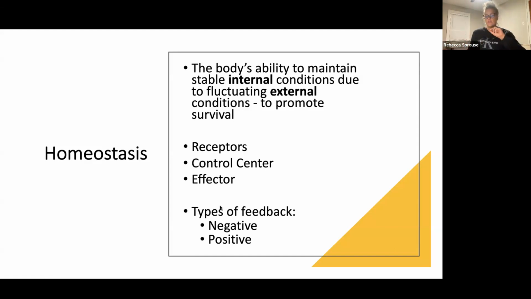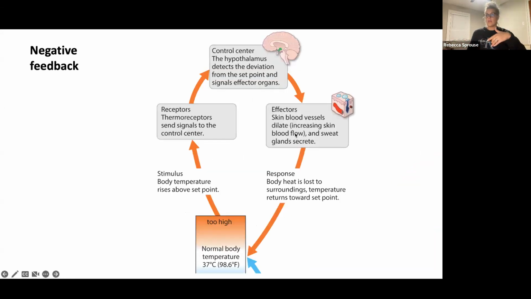There are 2 types of feedback that can send that message to the brain and out: negative feedback and positive feedback. We're going to review those. Negative feedback is defined as the reversal of a trend back to a set point, and a set point is your normal.